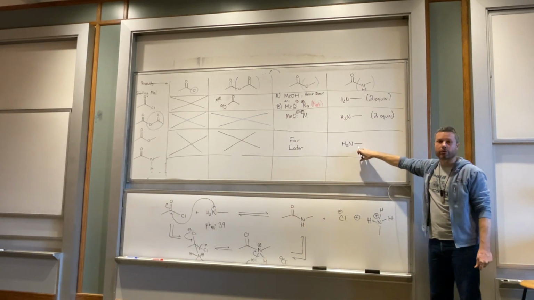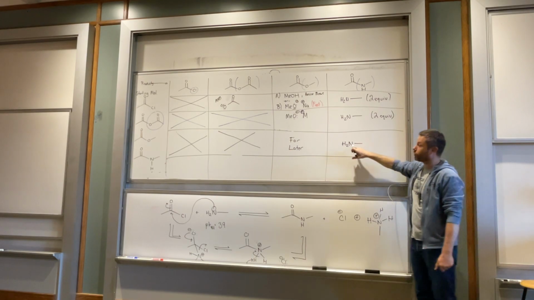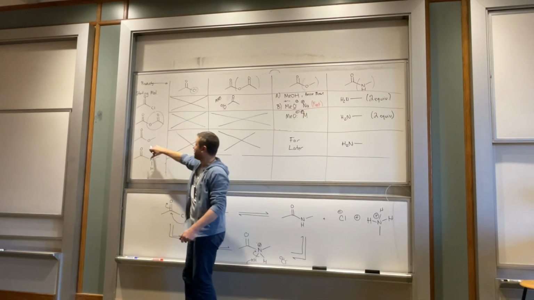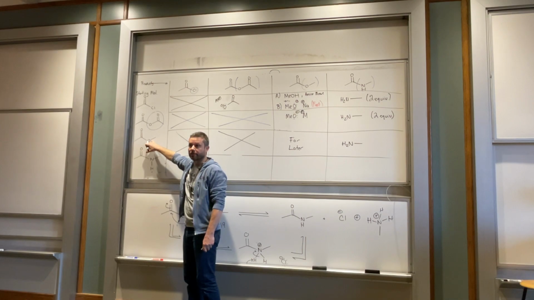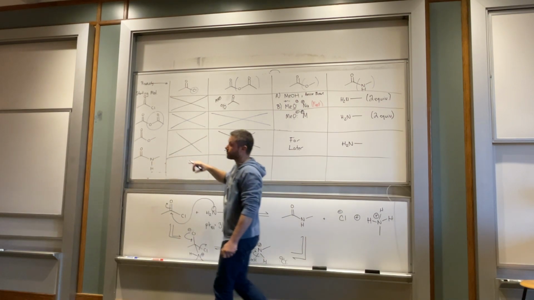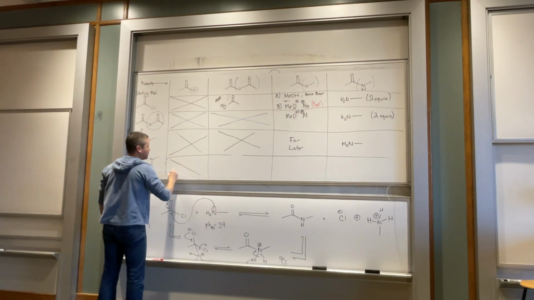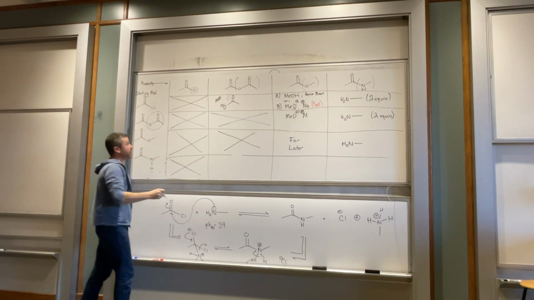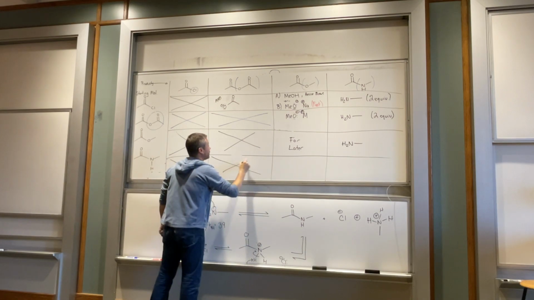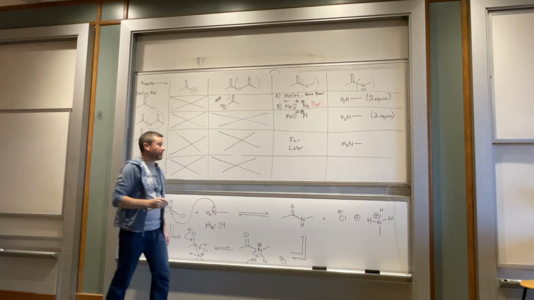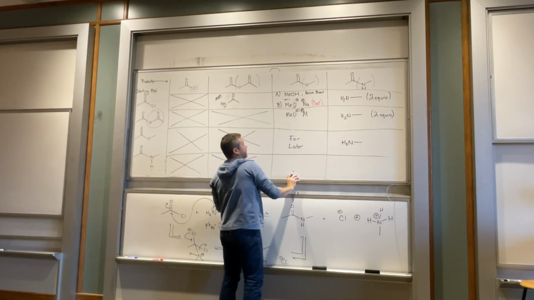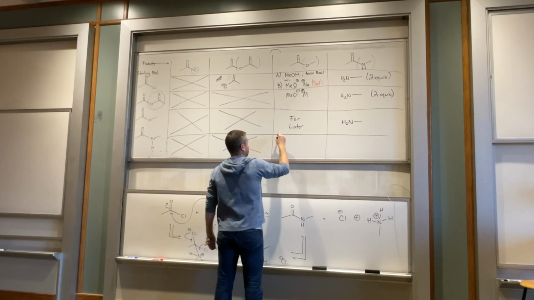Here we don't need two equivalents because we're kicking out a good base that can suck up a proton. And then finally down at the bottom, can't make acid chlorides from amides, can't make anhydrides from amides, can make esters from amides.